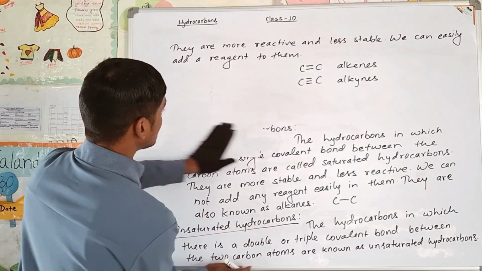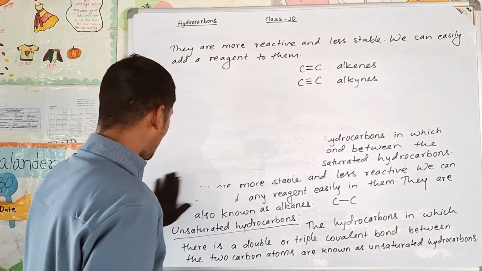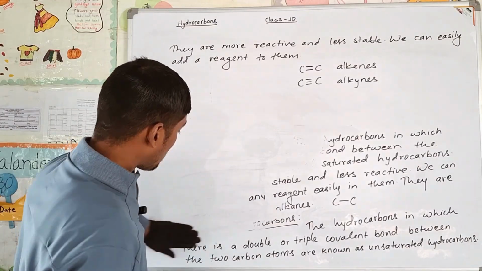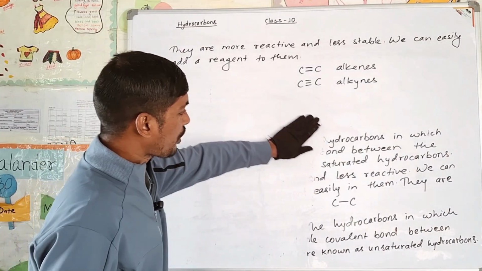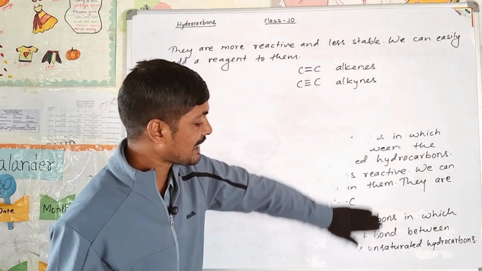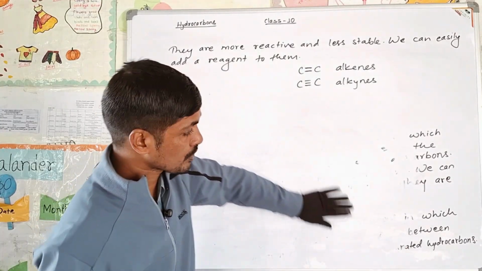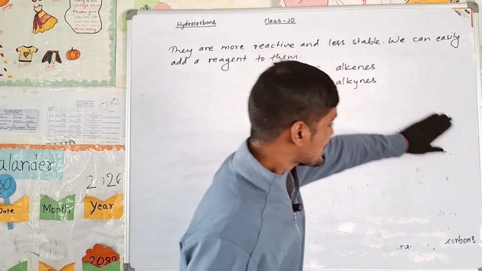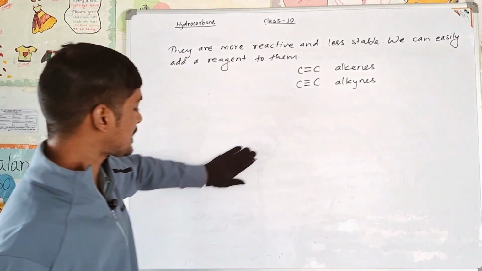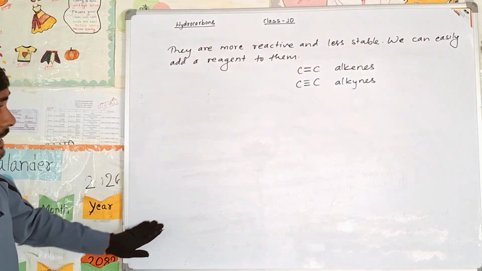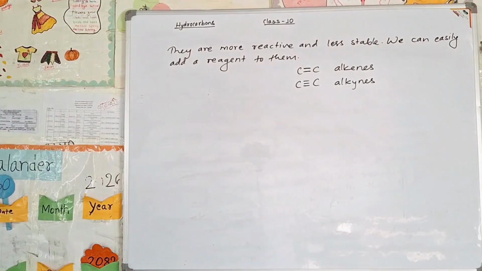After this, let's talk about the basics that we have to know before talking about alkane, alkene and alkyne. We require certain basic things before starting alkane, alkene and alkyne.